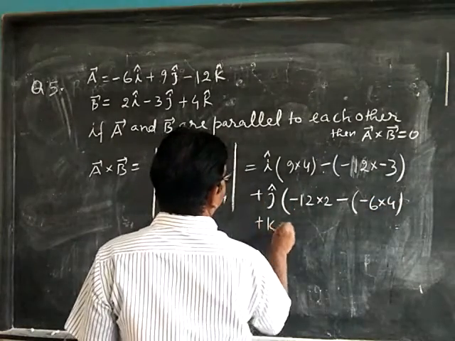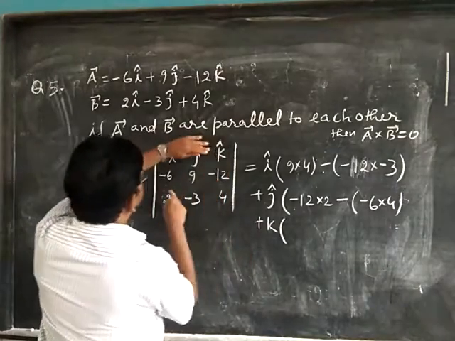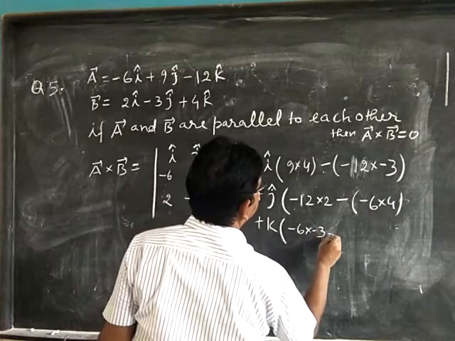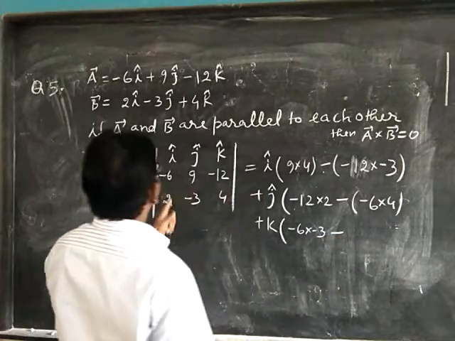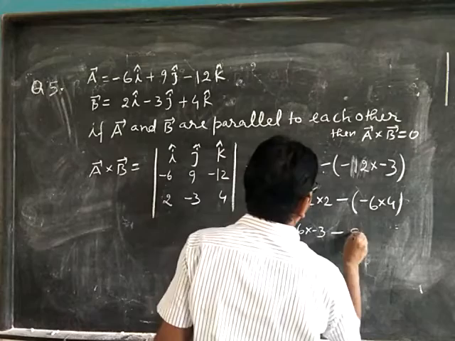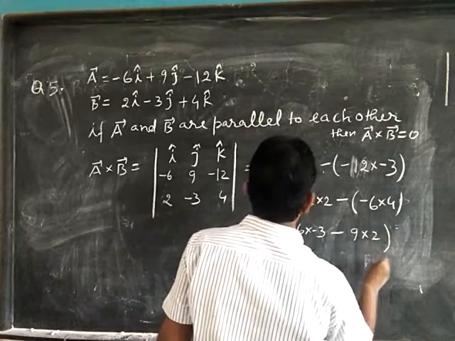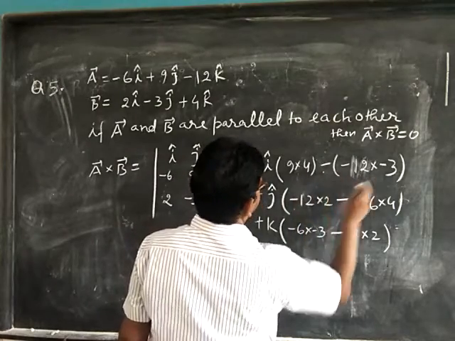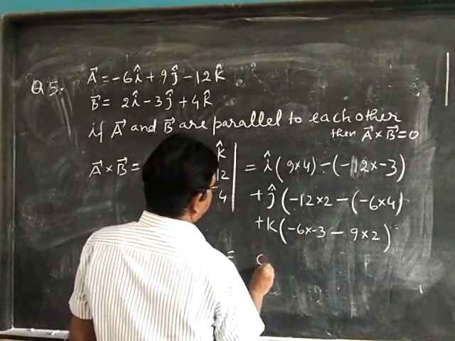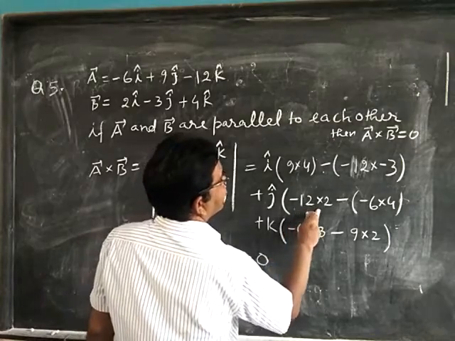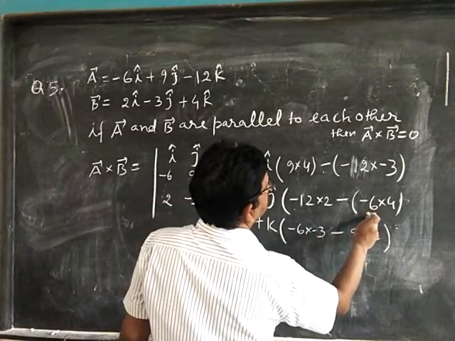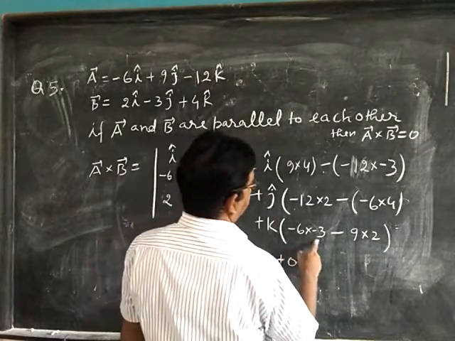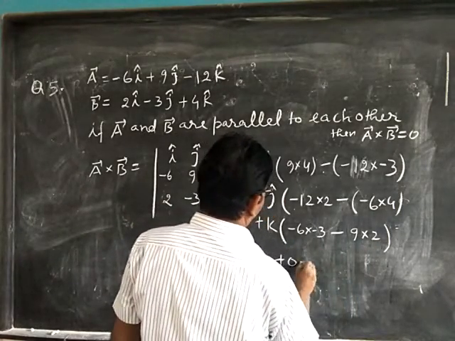Plus k, cover this column, minus 6 into minus 3 minus 9 into 2. Then we get 36 minus 36, that is 0, 0 minus 24 plus 24, that is 0, 18 minus 18, that is 0.